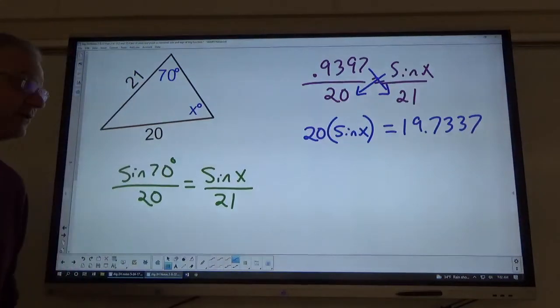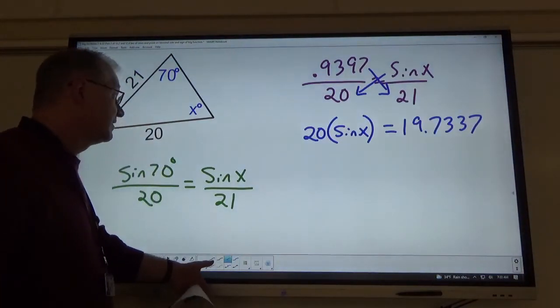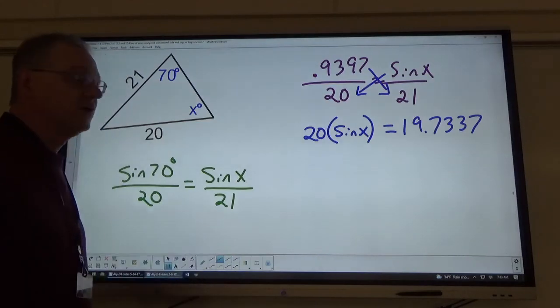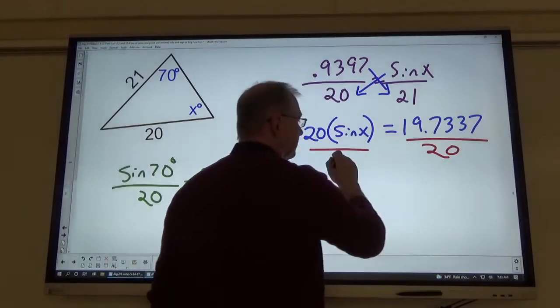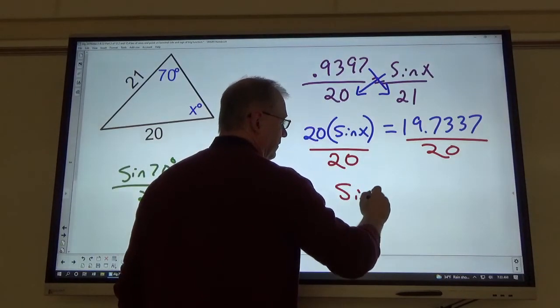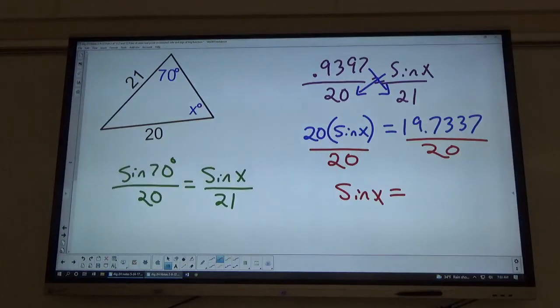And that's how I would suggest that you do that, just to be sure that it's clear of what you're doing. I'm going to divide both sides by 20. Sine of x equals 19.7337 divided by 20.